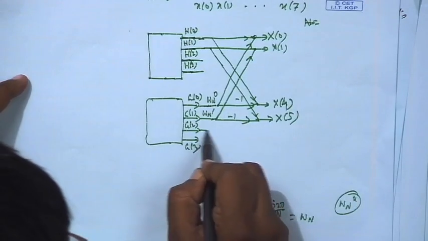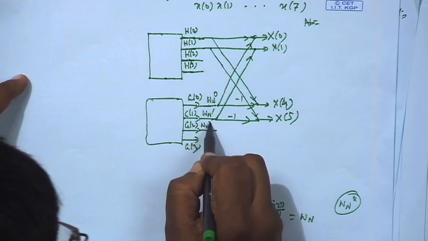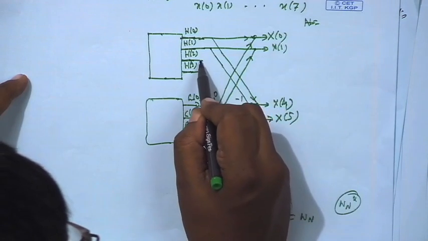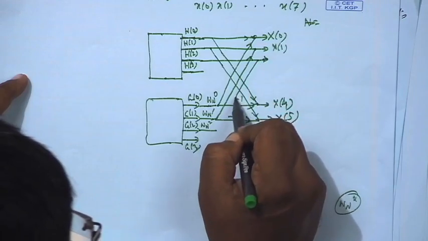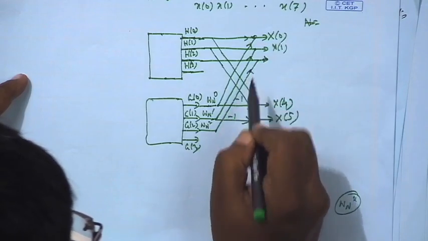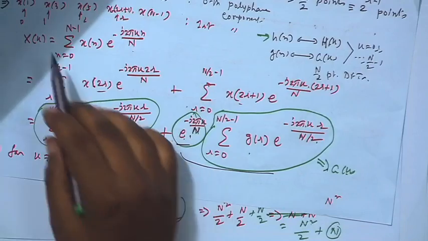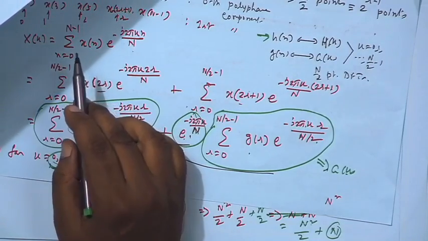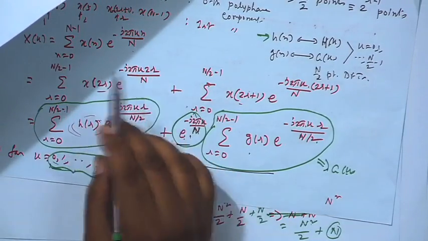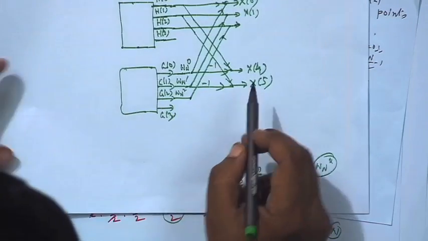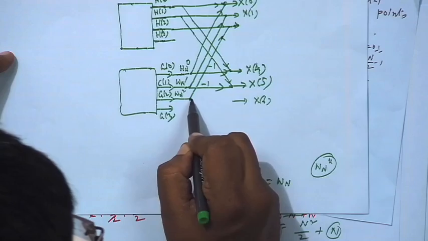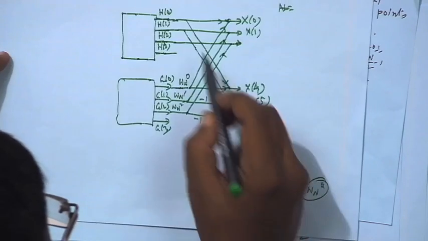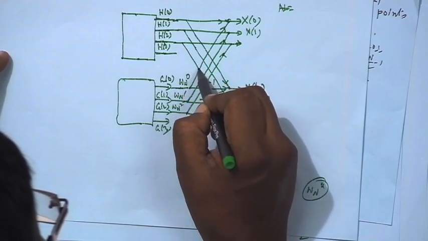In the same manner, k equal to 2 means h 2 plus W n to the power 2 g 2. And instead of 2, if k jumps from 2 to 2 plus n by 2, that is 4, 2 plus 4 is 6. You will get the same thing, same g, but they will undergo a minus sign. It will come from here.